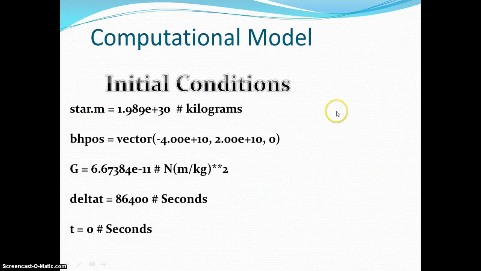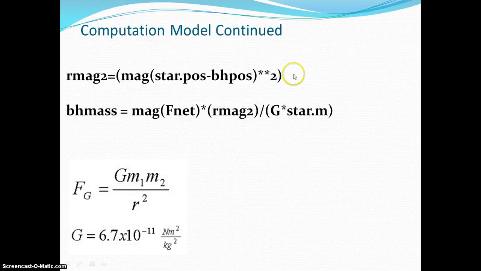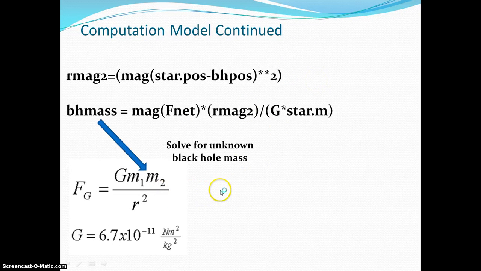So our initial conditions: you have the star's mass, you have the black hole's position, you have this G constant, you have your delta T, which is basically one full day put in seconds, and then you have the time value. Our time is going to start at 0. These are the equations I use to find our unknown black hole mass.